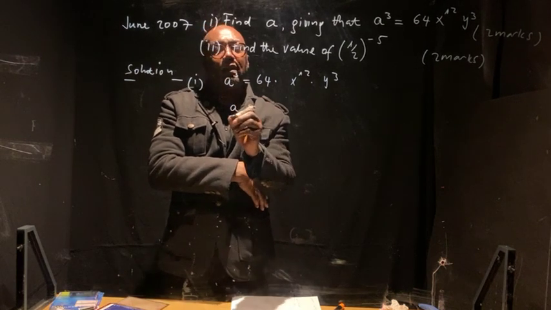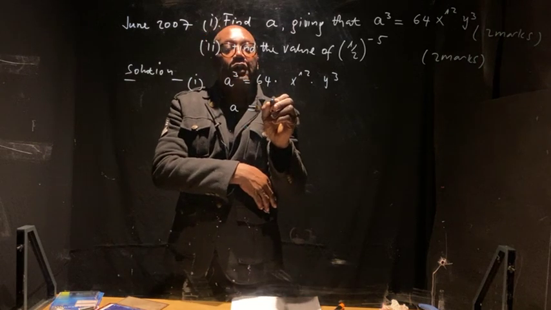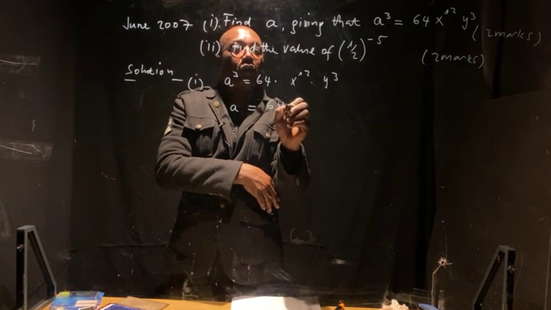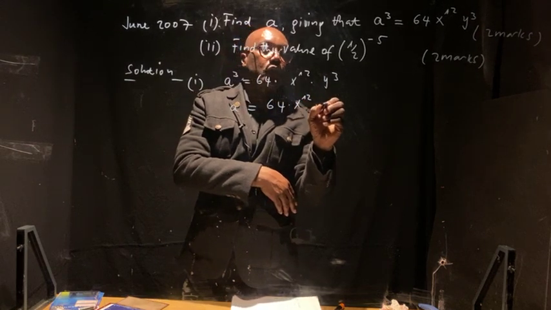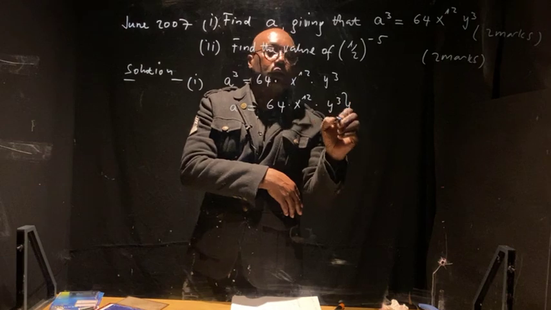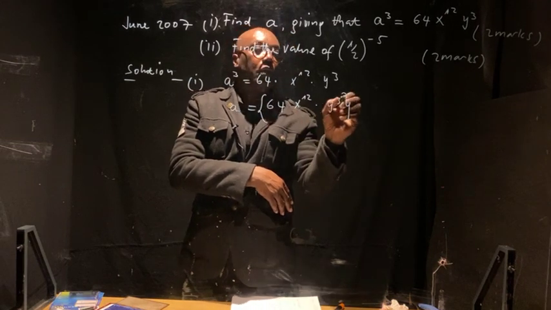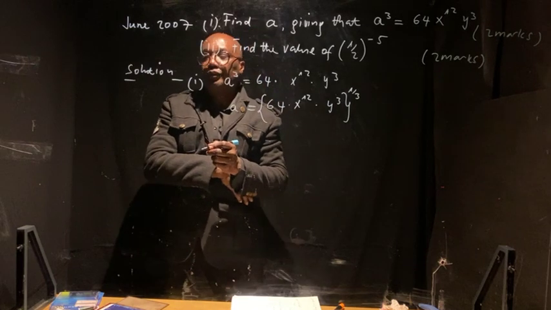If I'm making a the subject, then it will be 64 times x raised to the power 12 multiplied by y raised to the power 3, all in brackets raised to 1/3. Why? I'll tell you why.